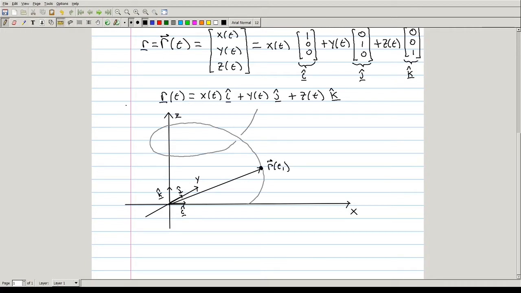As t increases, t2 is a little larger value than t1. You could have another position vector right here, r at t2. But in general, for points on this parametric curve, when we plug a value of t into the parametric curve function, we get back out a position vector of points on this curve.